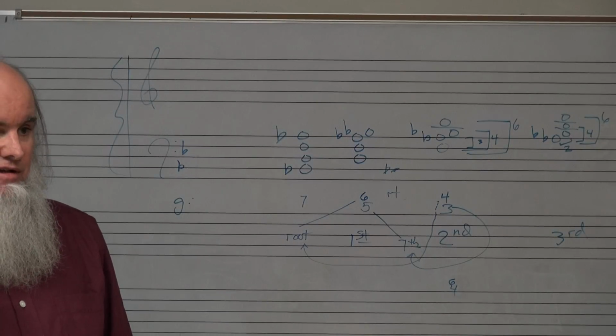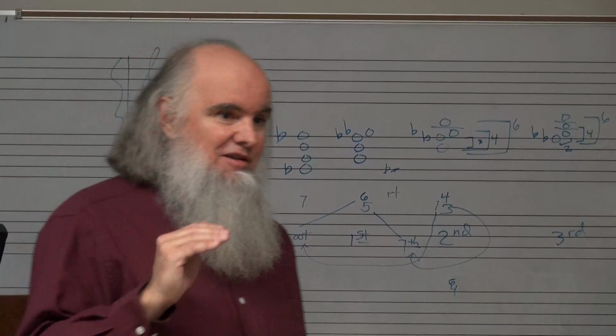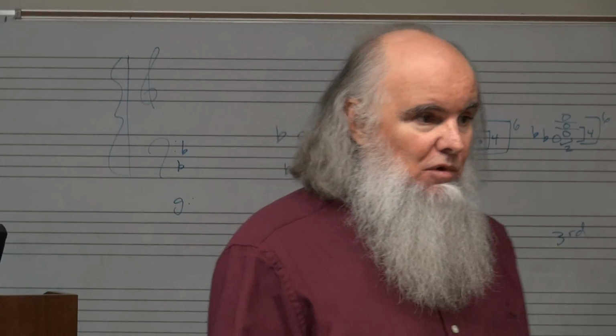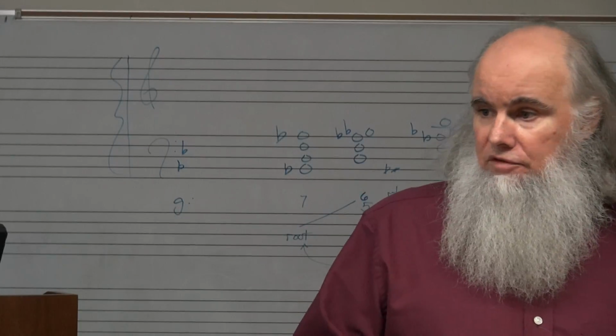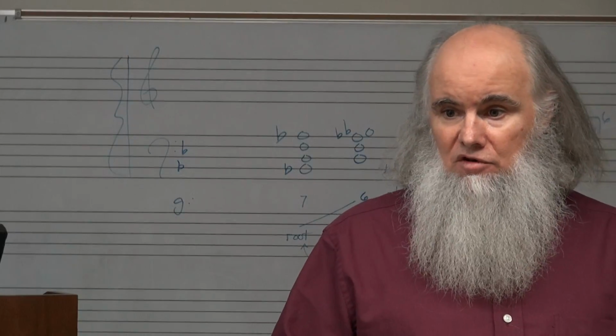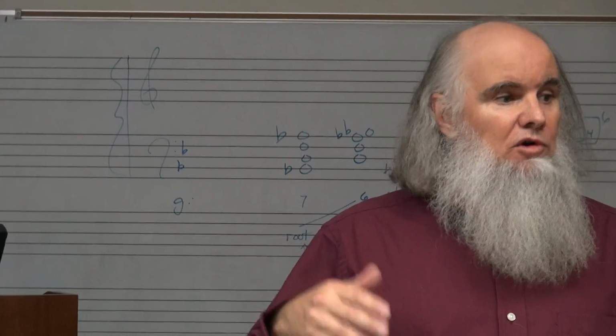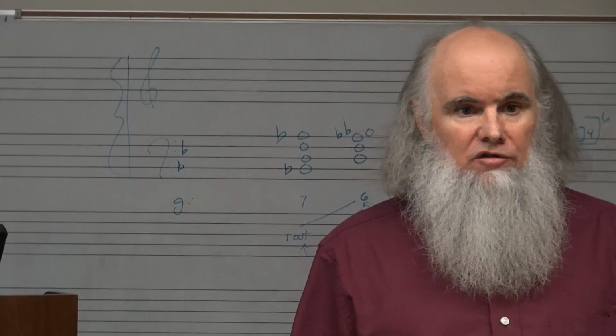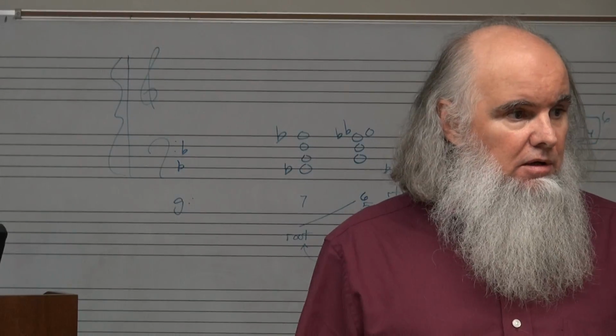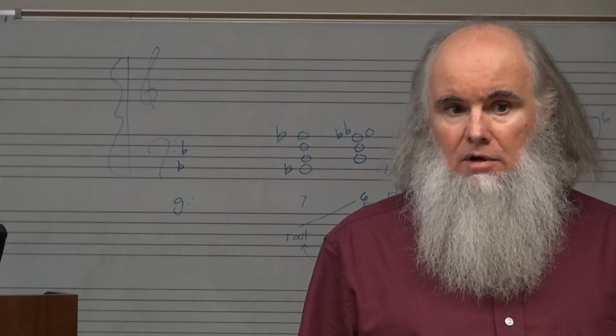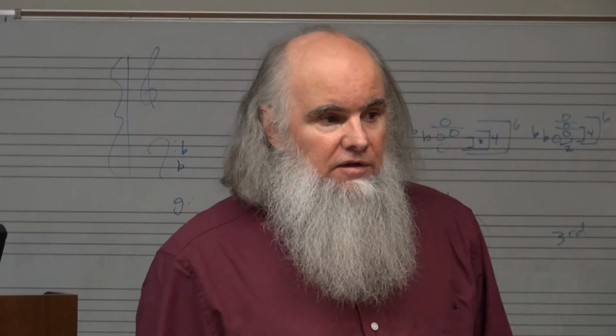If it's in second inversion, the 5th is in the bass and the symbol is 4-3. If it's in last inversion, the symbol is, we'll go ahead and call it his terminology, 4-2, but 2 is the same thing. Are there any questions on this? Thank you very much.